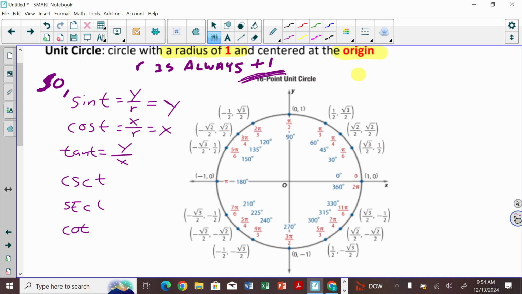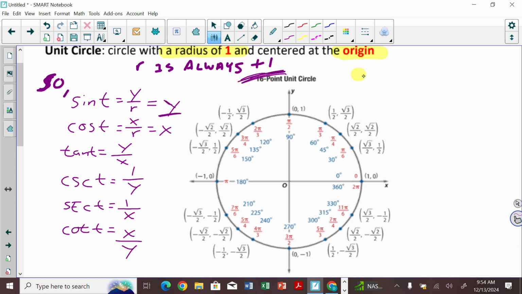Just put t in there, the exact angle. So because we know it's y for sine, cosecant, the reciprocal, would be 1 over y. Secant would be 1 over x, and cotangent would be the reciprocal of tangent, so x over y. So I want you to have those down to know.